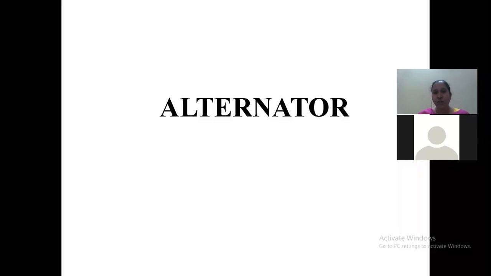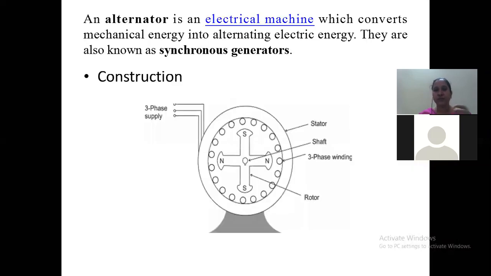So now we are going to get into the next topic, that is the alternator, which is a synchronous generator. We call the alternator a synchronous generator. So remember, this is a generator. When you give the mechanical input to this alternator machine, you are going to get the electrical output.